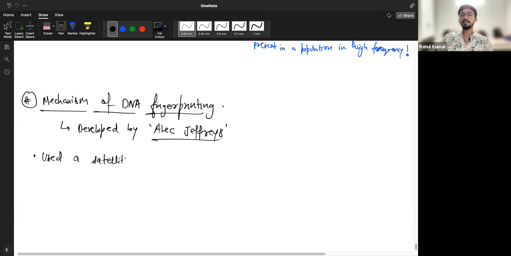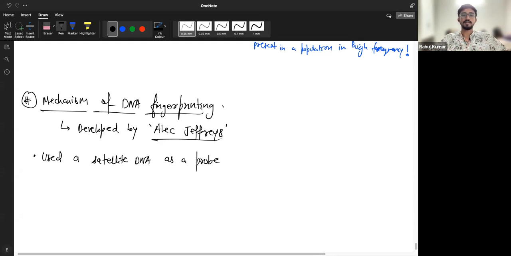Now you know what is a satellite DNA? Small stretches of DNA that repeat over 1,000 times, right? So he used a satellite DNA as a probe. Now a probe is something which can go and bind at some place.